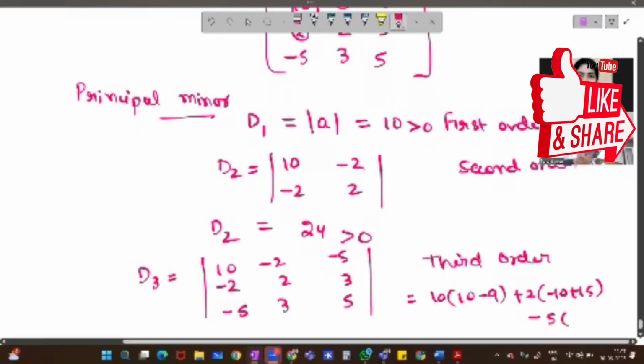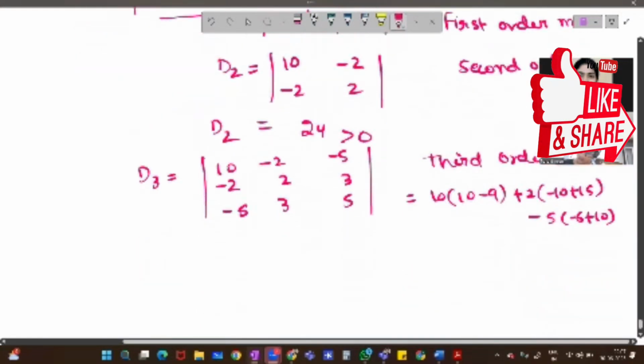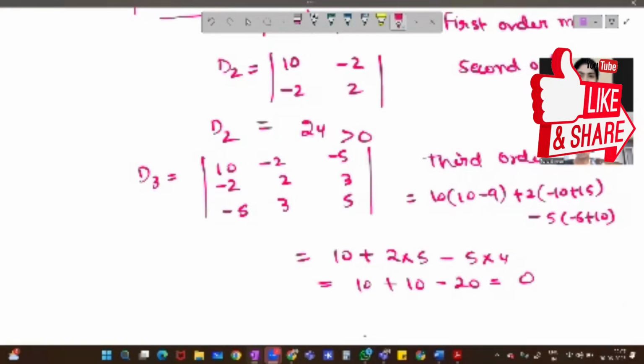I hide the first row and column: 5 into (10 minus 9).